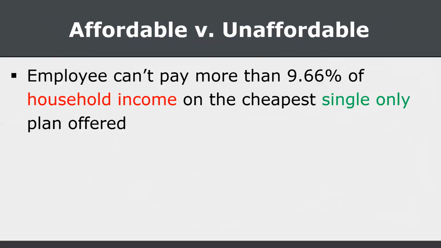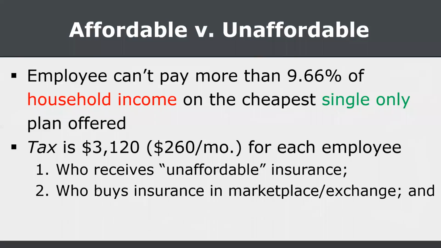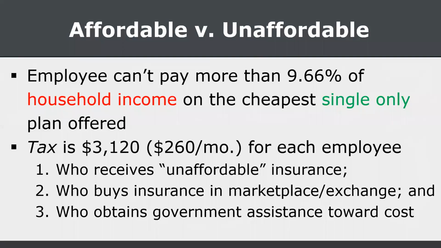So if you say to that particular para, you have to pay $150 a month, and that's 11% of that para's household income, that insurance to that para is now unaffordable. Remember the tax, we used to say $3,000, that's ratcheting up now. For 2016, it's $3,120 for each employee who gets an unaffordable offer from the district, goes to this marketplace, right?